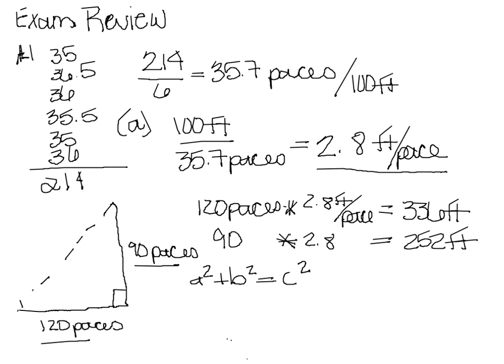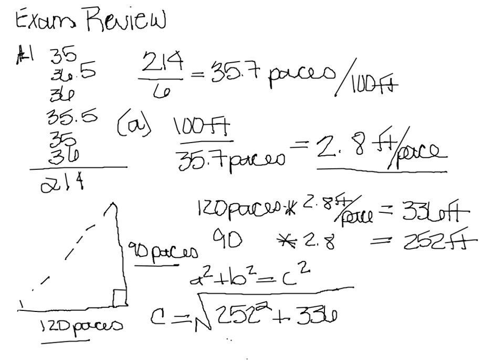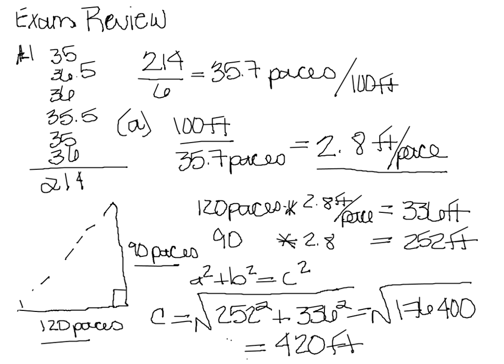So C is equal to the square root of a squared plus b squared, which in this case is 252 squared plus 336 squared, which if you do out the math gives you the square root of 176,400, which gives you 420 feet. Okay? So that is B.